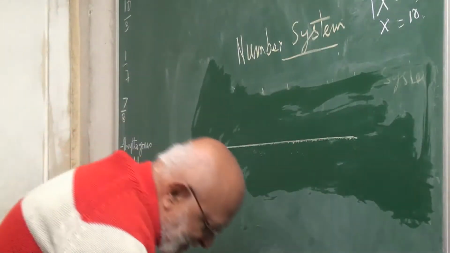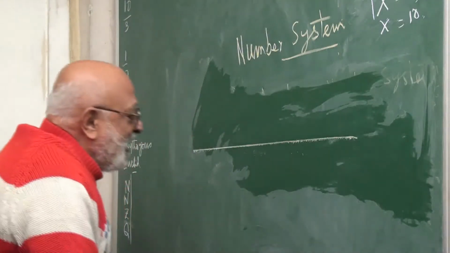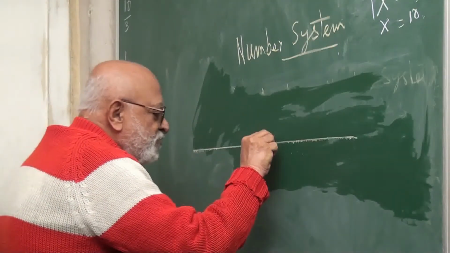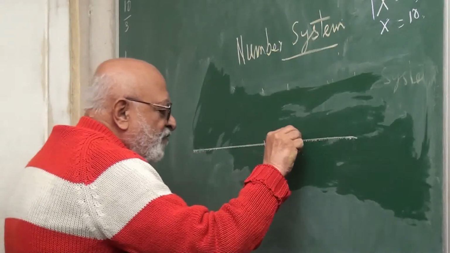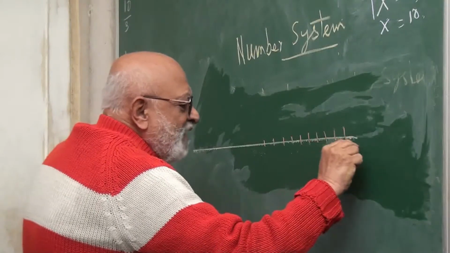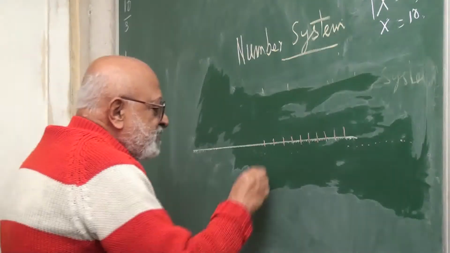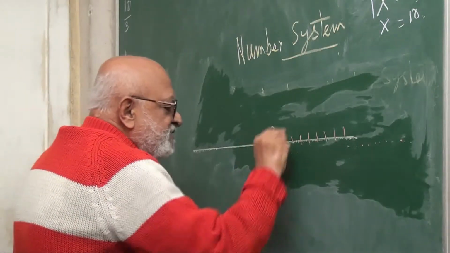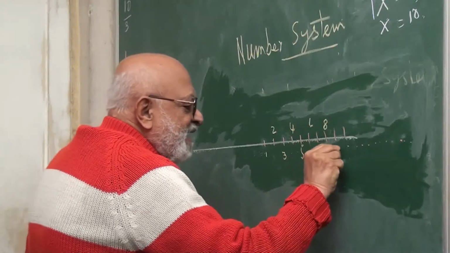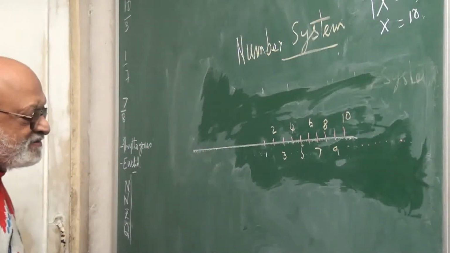Okay, so I think it's a nice line that I have been able to draw, and on this line we will show, let us say we start from here, 1, 2, 3, 4, 5, 6, 7, 8, 9, 10, and onwards. We can keep on counting. I am using arrows on both sides in order to give you a clarity.